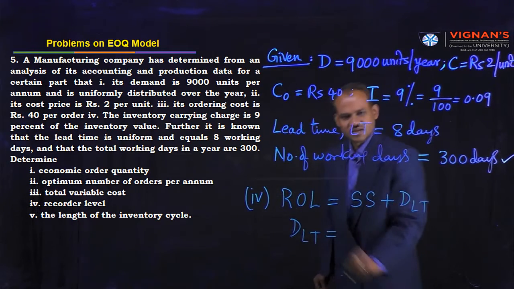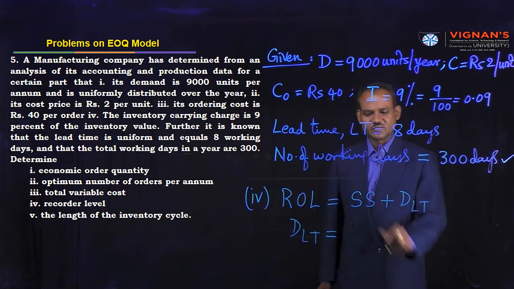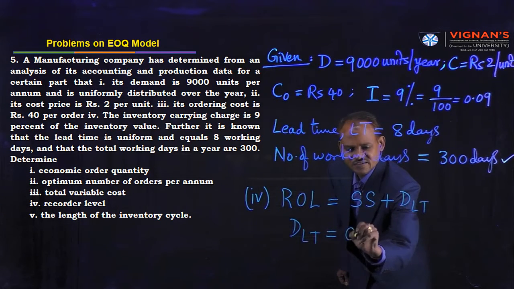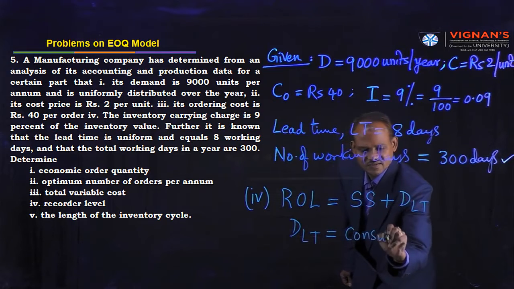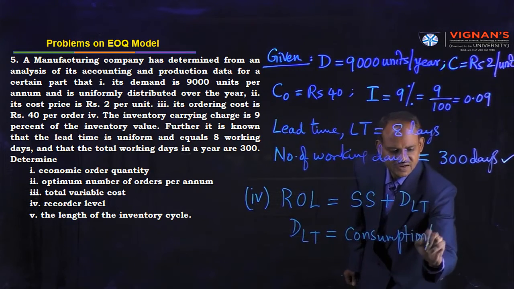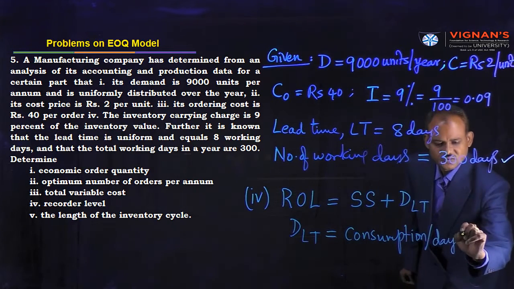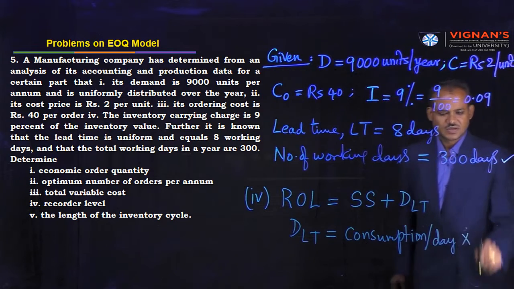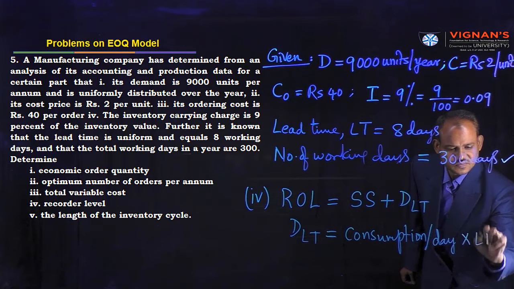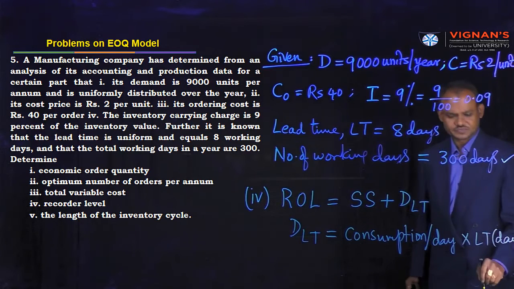What do you mean by demand during lead time? Demand during lead time is equal to consumption per day into lead time, represented in days. This is the basic formula.